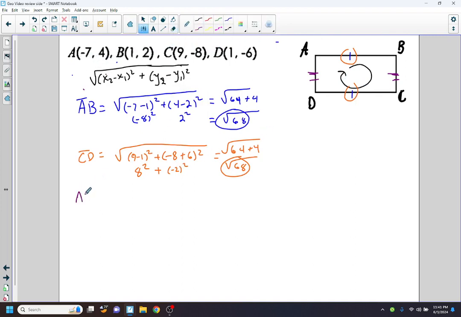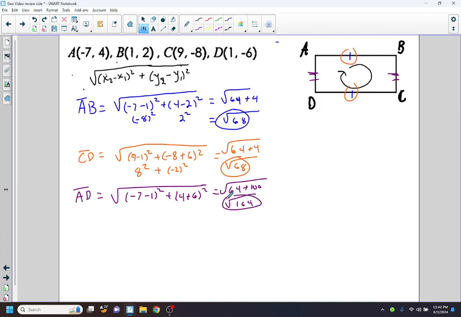So AD is the square root of x and x, negative 7 minus 1 squared, plus y minus y, so 4 minus negative 6, so that's plus 6 squared. That ends up being 8 squared is 64, 10 squared is 100. So 64 plus 100, 164.